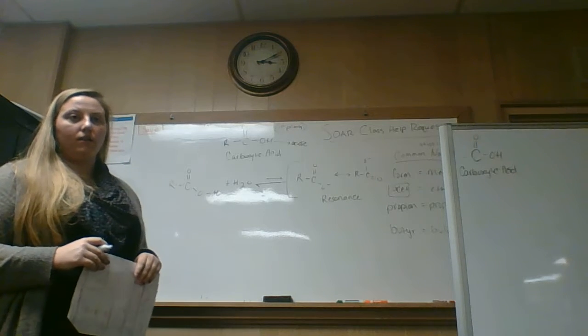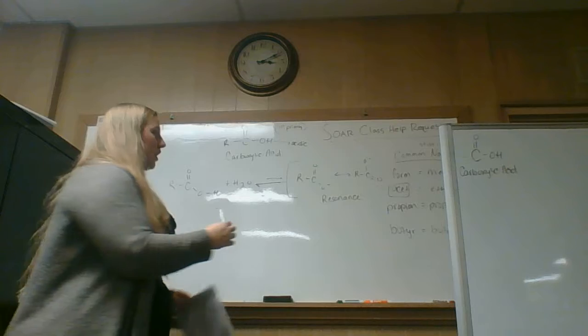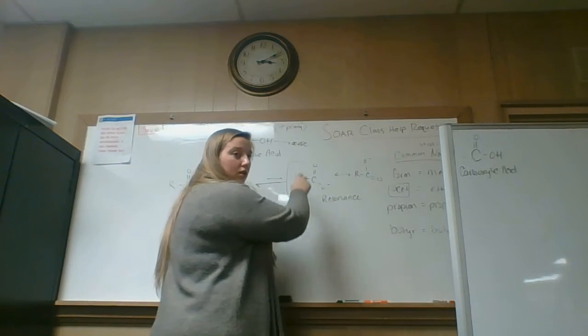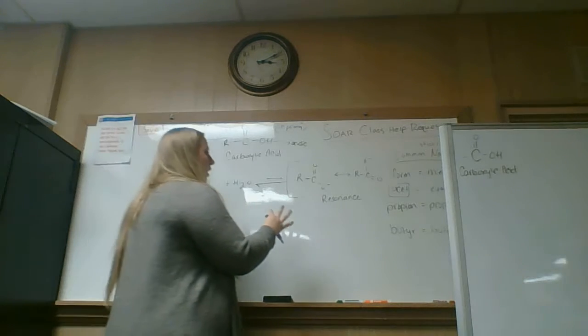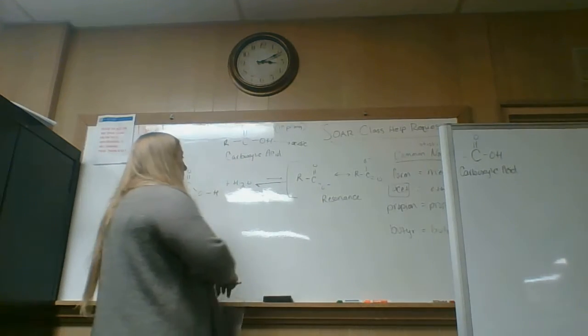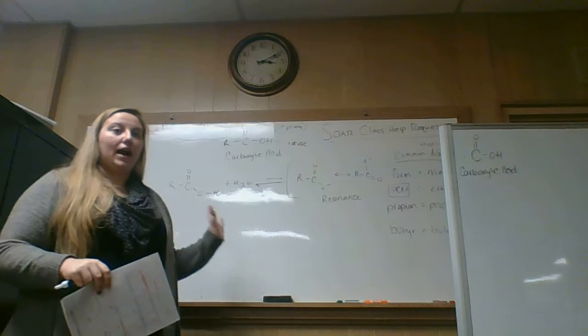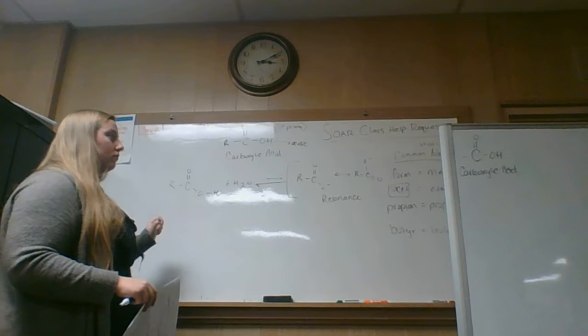Resonance makes it easy for the hydrogen to deprotonate? Yes, because we're talking about a very stable state here. Anytime you have resonance in an intermediate or a transition state, that's going to make the reaction itself happen quicker, more readily.